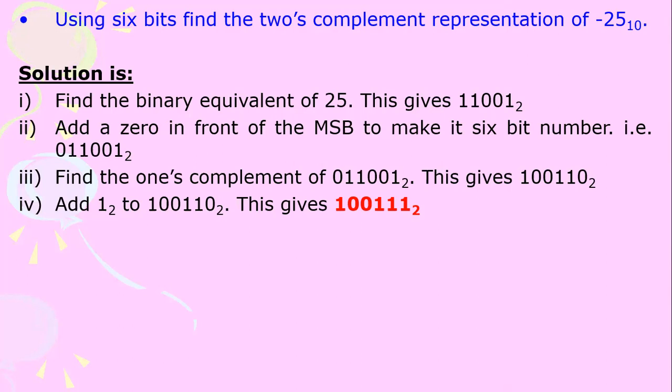This is because if we add 1 to our least significant bit, which in this case is 0, we get a 1, because according to the rules of binary addition, which we are going to see in this presentation, when we add a 0 to a 1, what we get is a 1. And that's why we have now our result being 1, 0, 0, 1, 1, 1 binary.